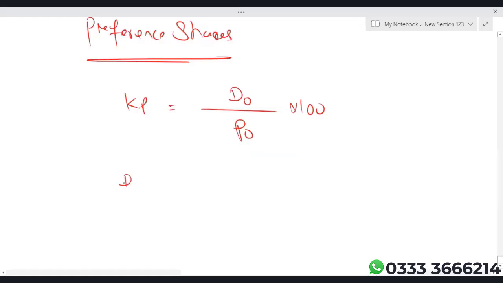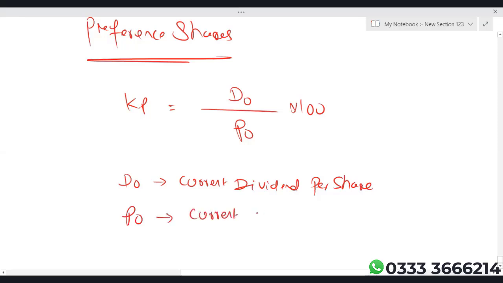D naught is the current dividend per share. P naught is the current share price, obviously current preference share price, so that you should not get confused.